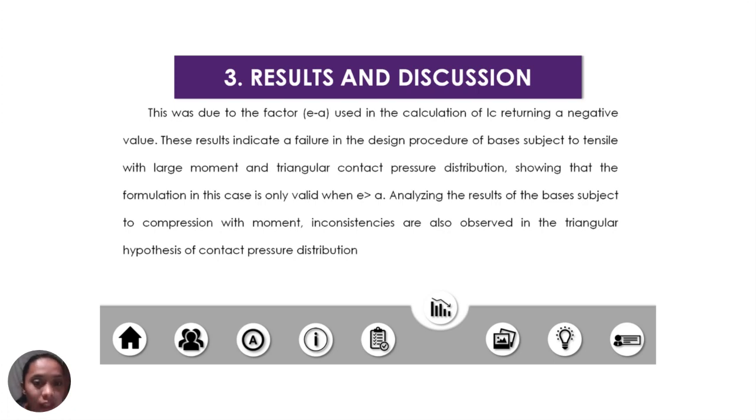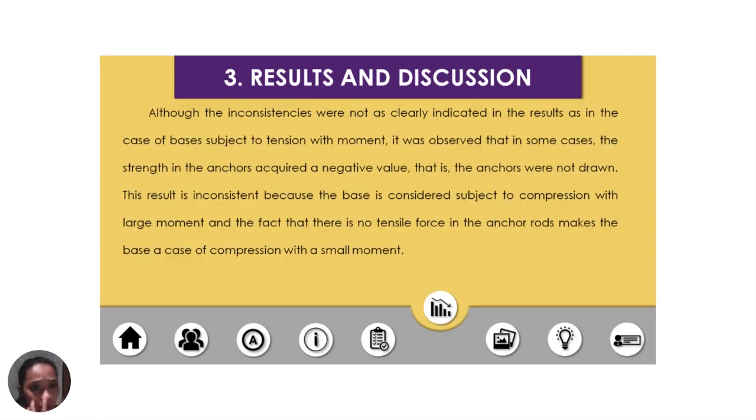Analyzing the results of the bases subject to compression with moment, inconsistencies are also observed in the triangular hypothesis of contact pressure distribution. Although the inconsistencies were not as clearly indicated in the results as in the case of bases subject to tension with moment, it was also observed that in some cases the strength in the anchor acquired a negative value.